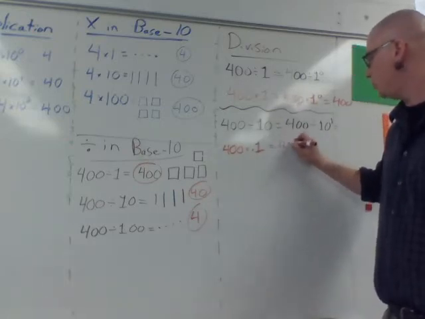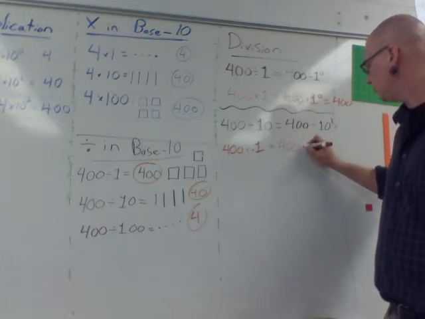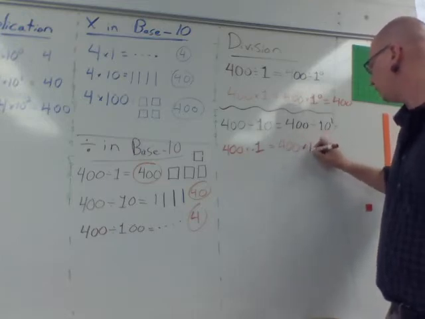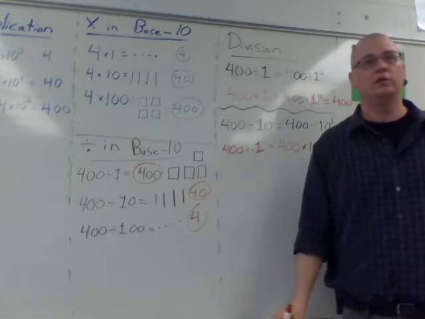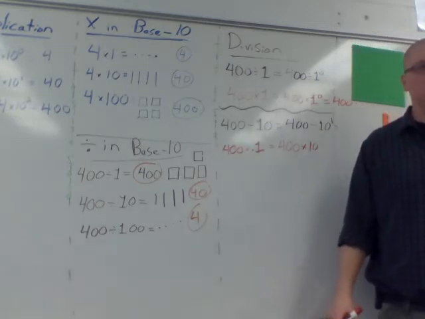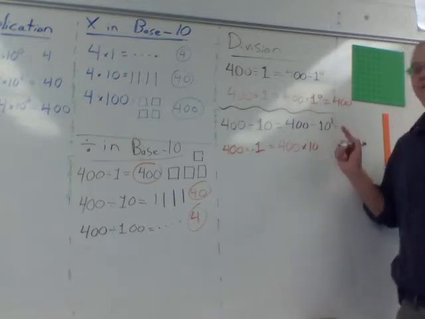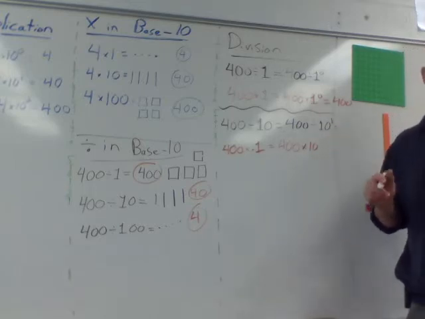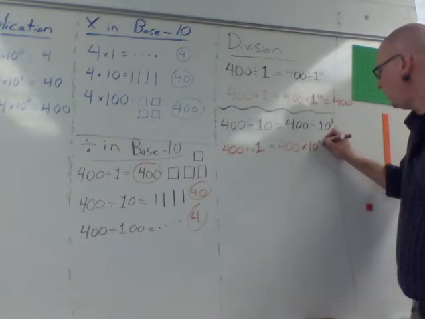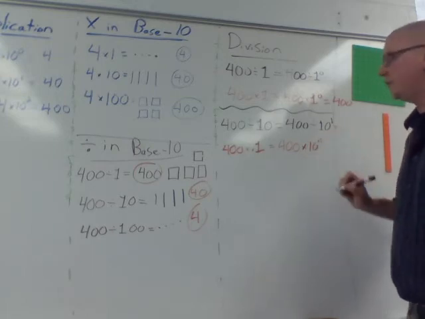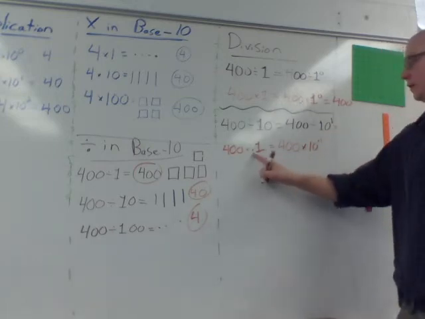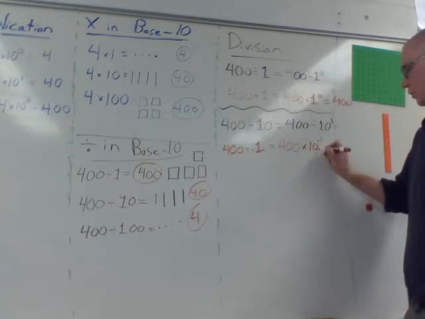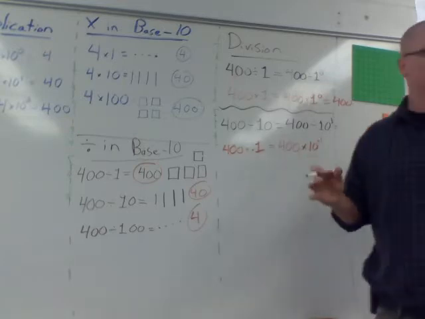Now, how would we show that as an exponent? Times 10 to the what? First power? To the first power moves it up 1. To the negative first? To the negative first power, yeah. 10 to the negative first power means take this 10 and inverse it.